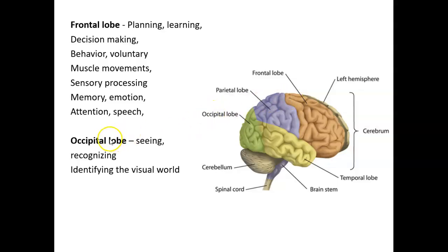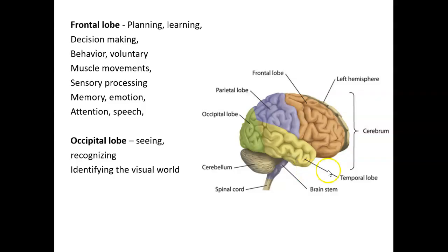The other lobe I want you to get a little bit of appreciation for is the occipital lobe. Occipital somehow sounds like ocular, like eye, and it actually is the part of the brain that processes visual information.